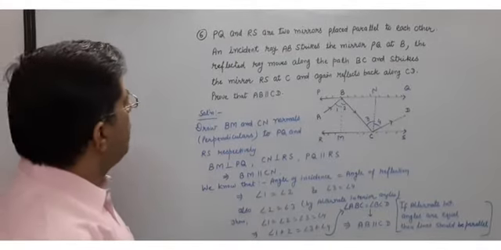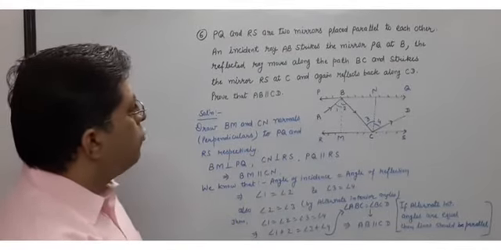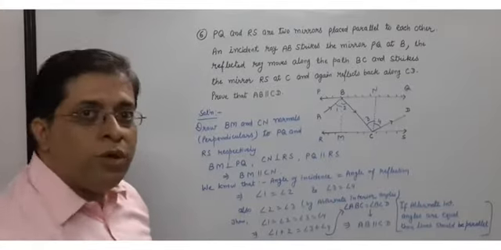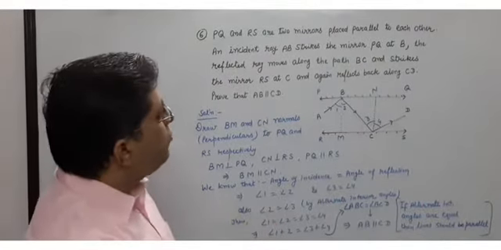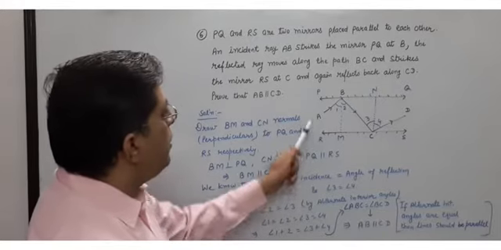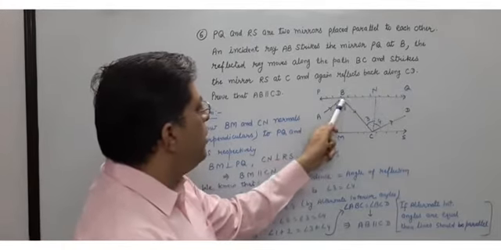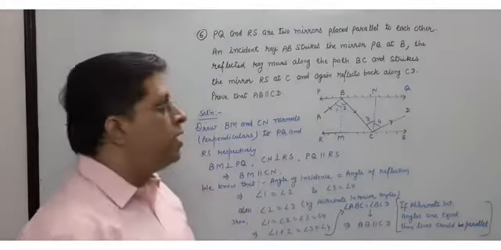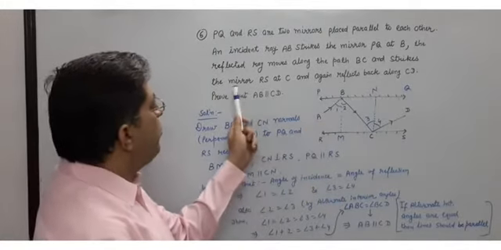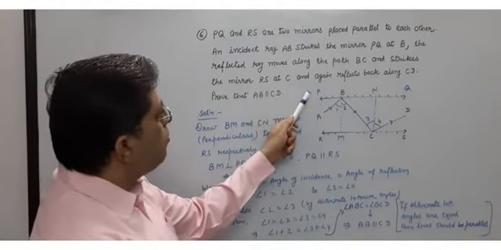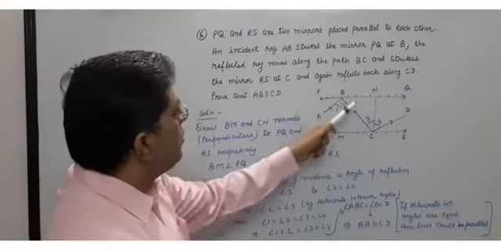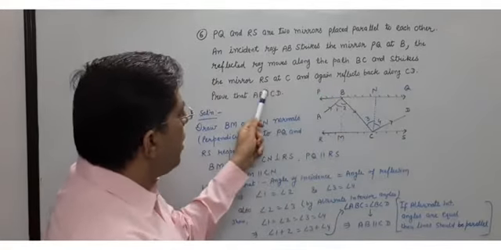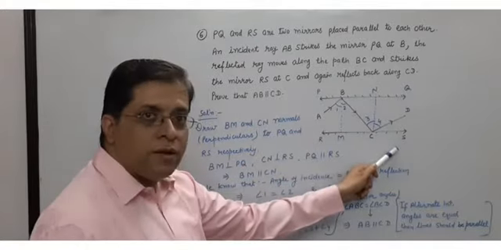Here's question number 6. PQ and RS are two mirrors placed parallel to each other. An incident ray AB strikes the mirror PQ at B. This is your incident ray. The reflected ray moves along the path BC and strikes the mirror RS.